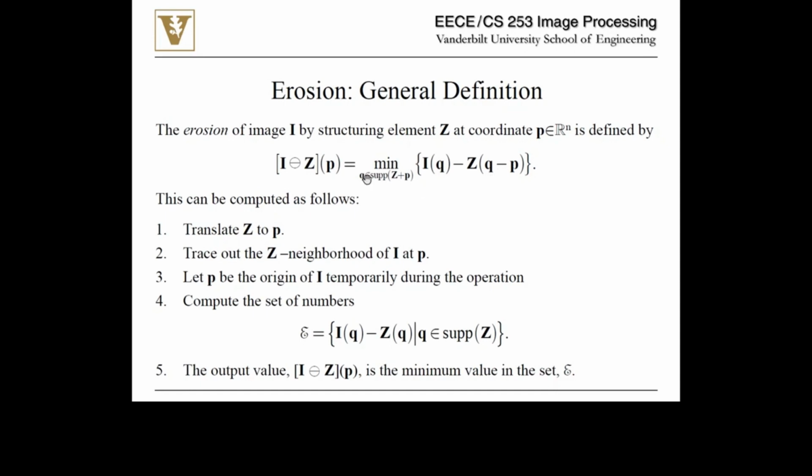And then you take the minimum. This is a set, because this is evaluated for all Qs, and then you compute the minimum of this set.